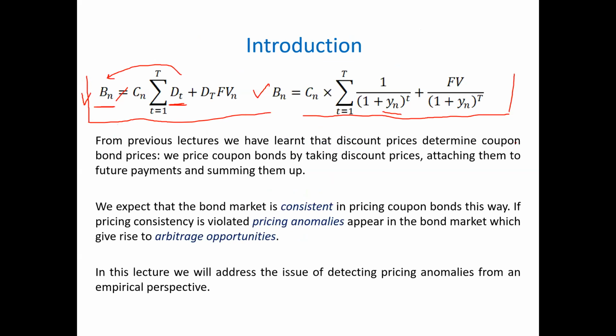Therefore, in order to understand if a coupon bond was mispriced or fairly priced, what would you do as a financial analyst? You would calculate or estimate the fair yield to maturity and compare it to the actual yield to maturity, and then decide if this fair yield to maturity is equal to the actual or observed yield to maturity or not.